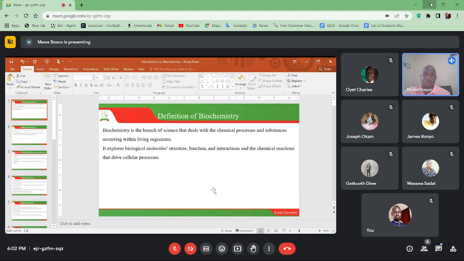This knowledge is very important because it allows us to understand how diseases emerge, or how biochemical processes contribute to diseases. It also allows us to look at how the drugs we make interact with the different biomolecules in our bodies.